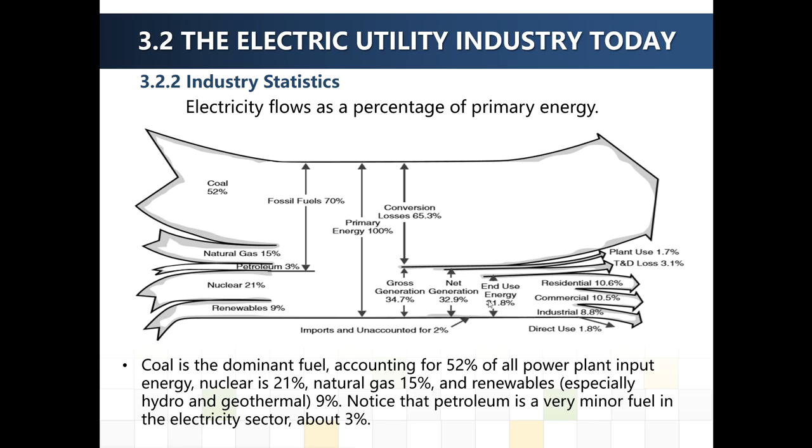And the generation plant will use 1.7% of the electricity generated. And the transmission and distribution loss is 3.1%. Therefore, only 31.8% will be used to serve the end use customers.